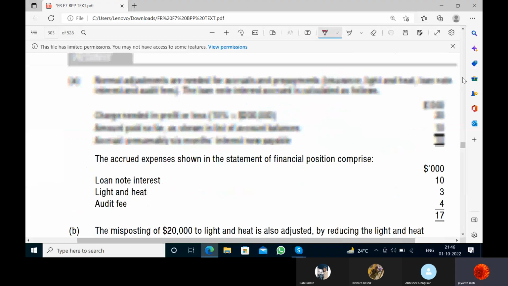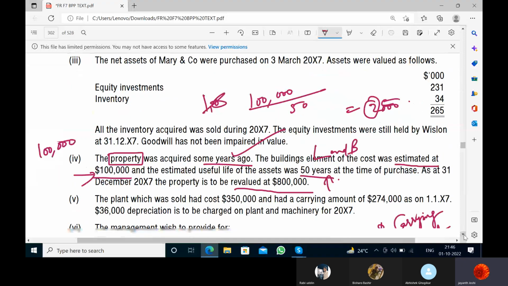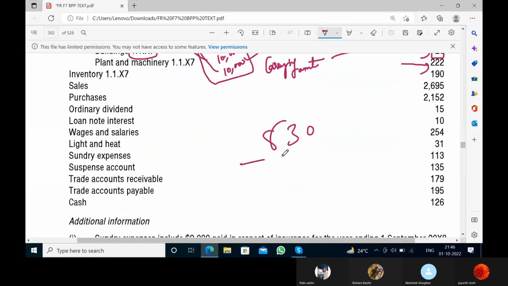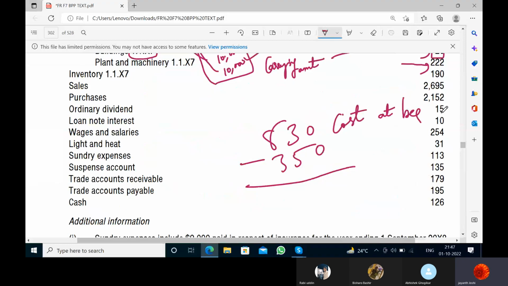The plant which was sold had cost $350,000. That means the plant which you are seeing here, how much is the value of that? 830. Out of this, how much worth of plant has been sold? 350. So how much is the plant now left with you? This was the cost at the beginning, that is 1/1/2007, and this much plant is sold during the year.